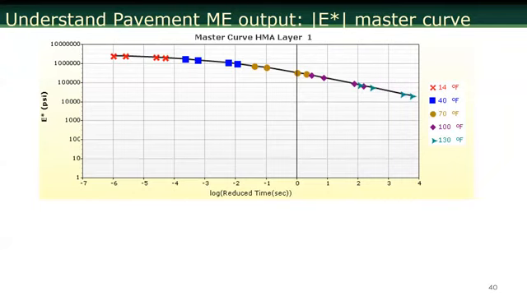Here you can see the numbers are -6, -5, because they are in log. This is the logarithm of the time. So this is 10 to the -5, and this is like 1 second, and this is 10 seconds, and 100 seconds, and so on. As I said, the time here is 1 over frequency in this particular condition.